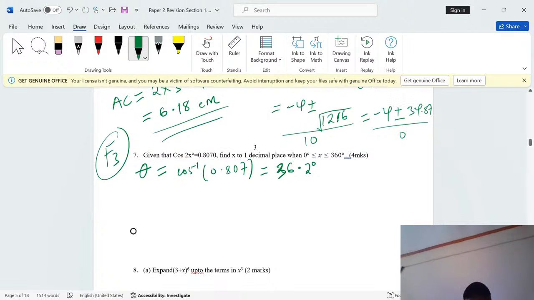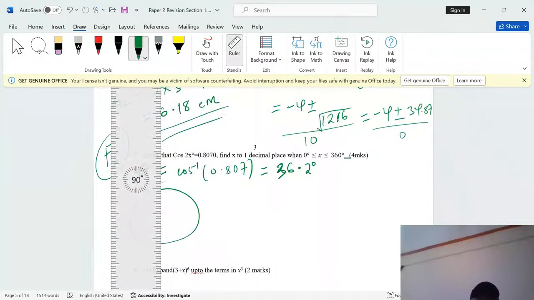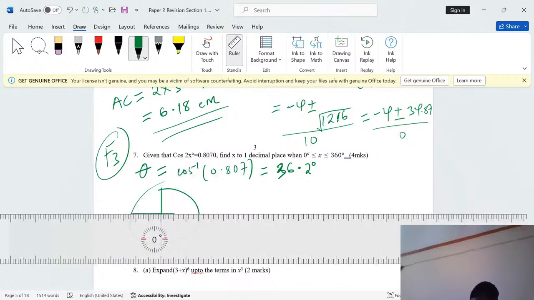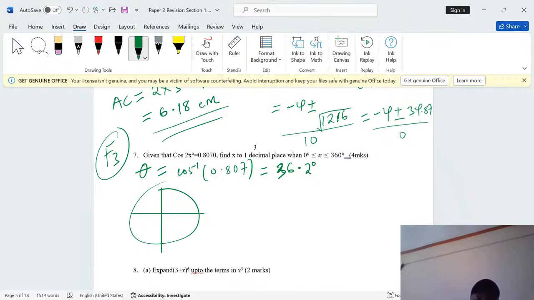Now it should be known that the value of 2x, we are going to draw the unit circle. Yeah, this is the unit circle.